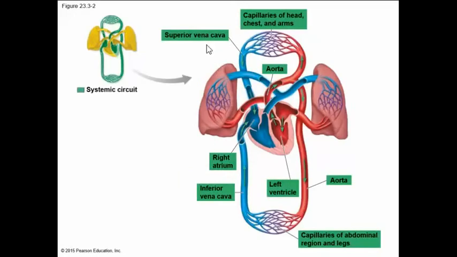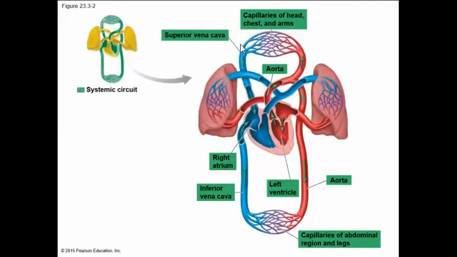All right, so let's take a look. What we're looking at here is systemic circulation. Here, blood from the left side of the heart is pushed from the left ventricle into the aorta, which splits into a trunk leading to the arms and head.